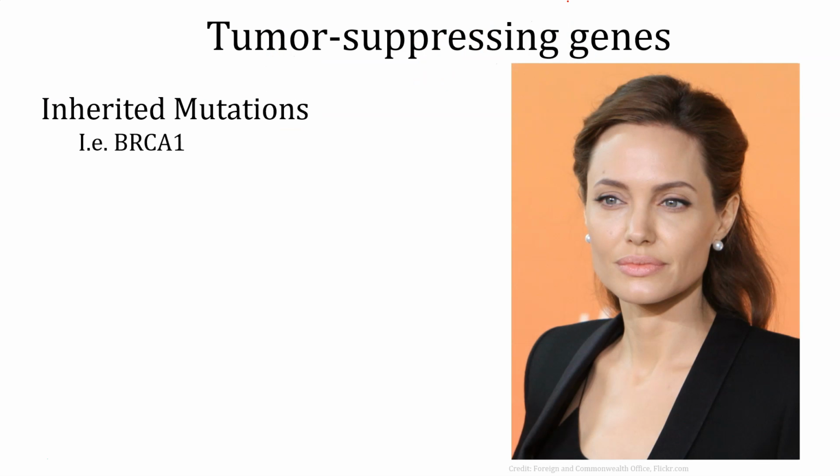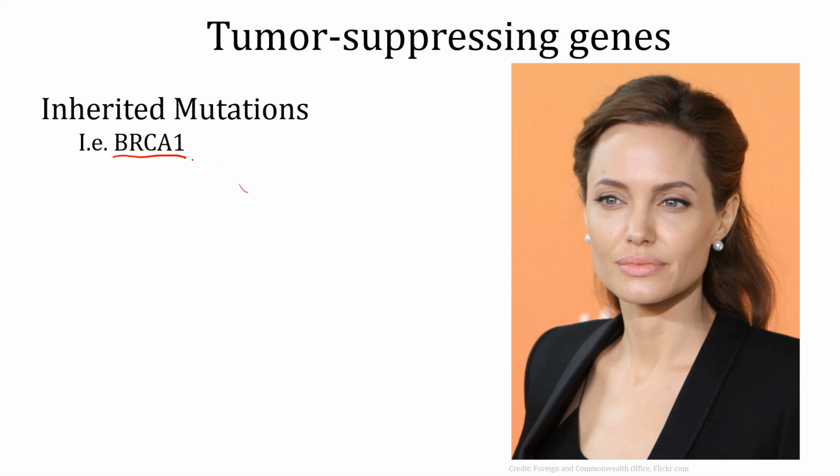An example of this would be the BRCA1 protein, which is something that suppresses the formation of cancerous cells. And Angelina Jolie actually inherited that mutation, and so because of it, she just had a tumor suppressing protein that wasn't doing its job. She was much more prone to cancer.